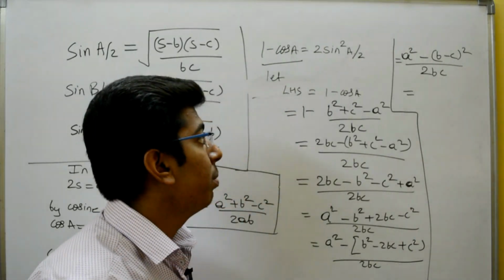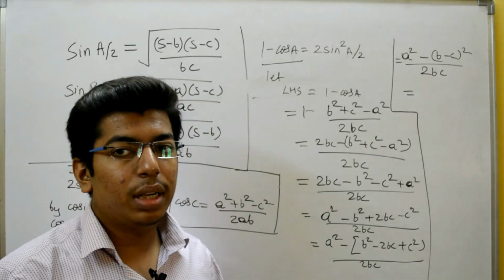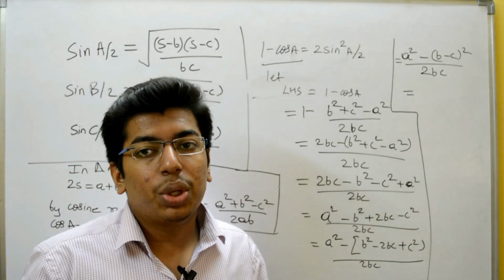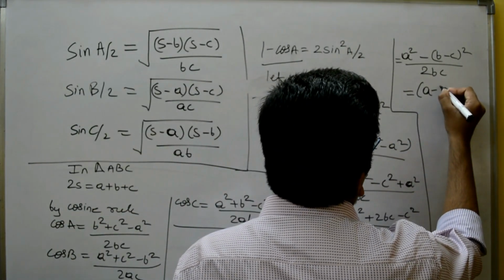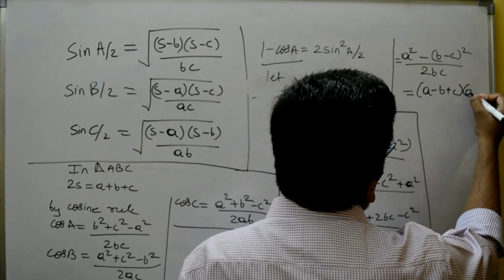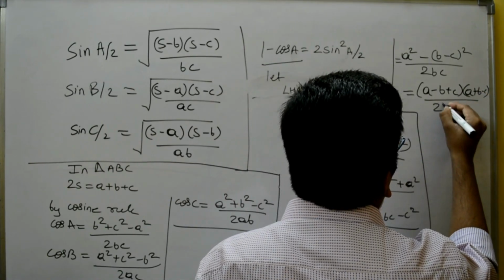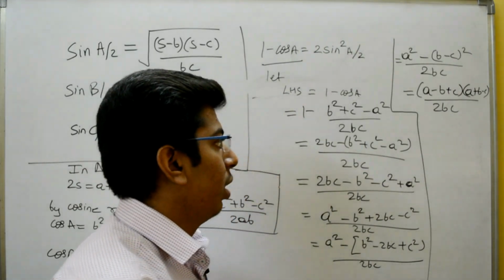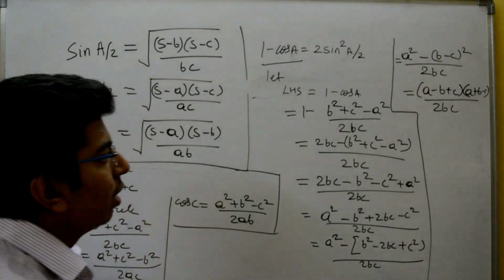So it will become a square minus b minus c whole square, which is nothing but a minus b plus c into a plus b minus c upon 2bc. That is the expansion of it.